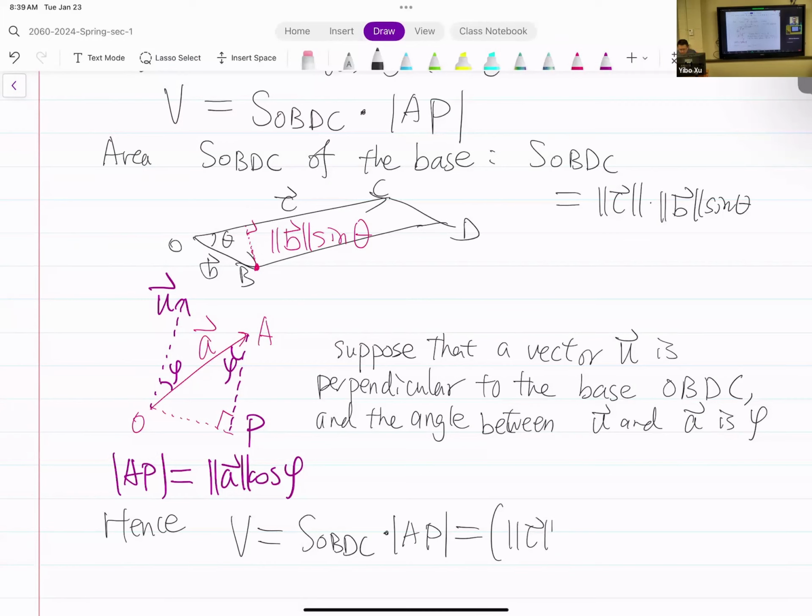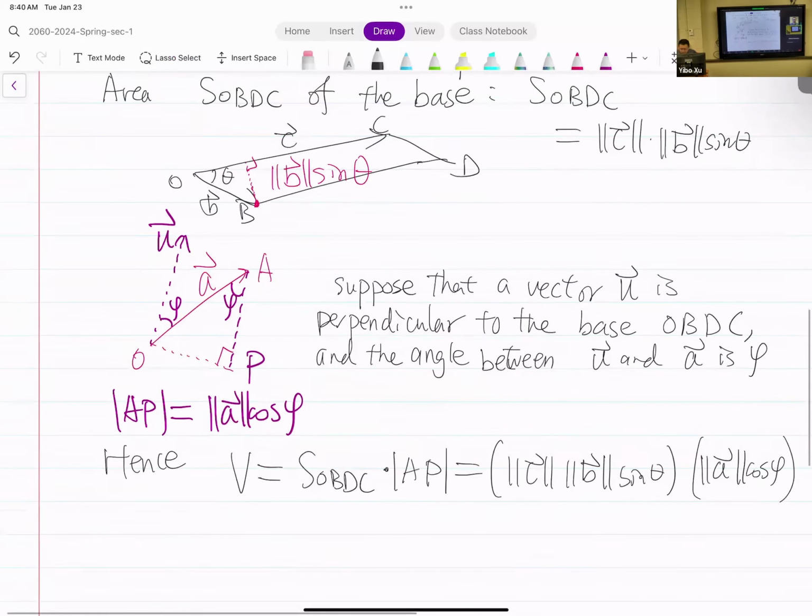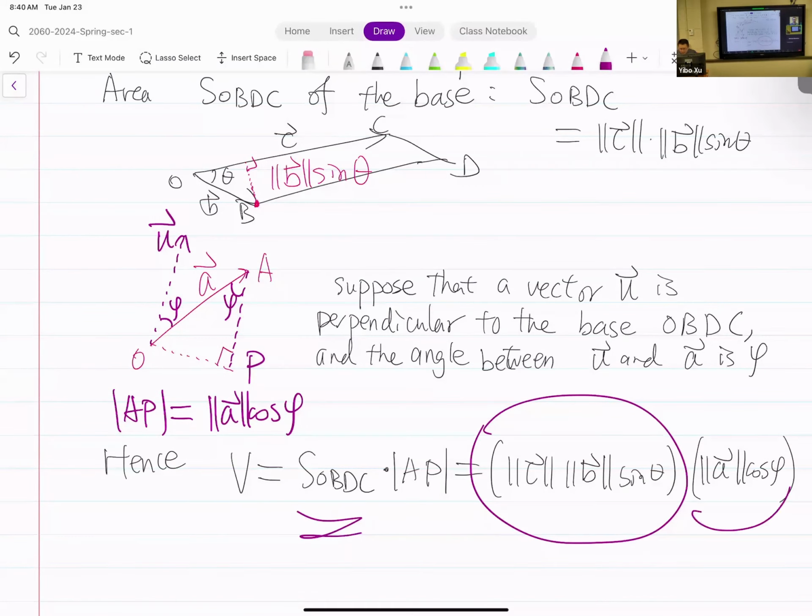So it's the magnitude of B and C times sine theta, times the magnitude of A cosine phi. This first bracket is the first term right here, and this second bracket is the second term, AP, right?